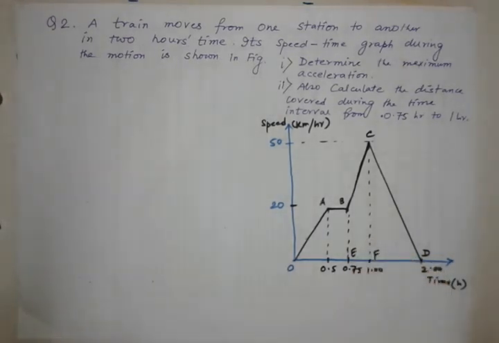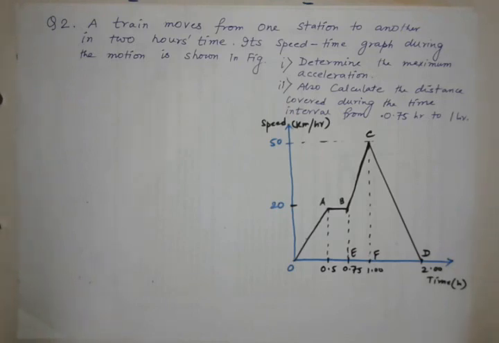So this is the figure. You have to determine the maximum acceleration, and also calculate the distance covered during the time interval from 0.75 hours to 1 hour.